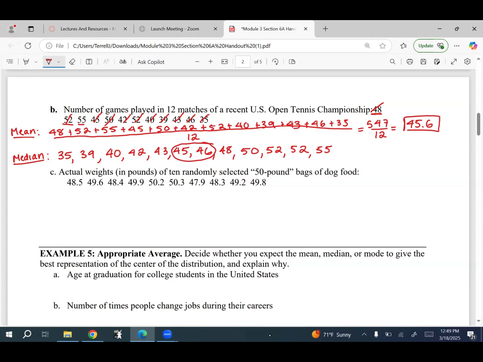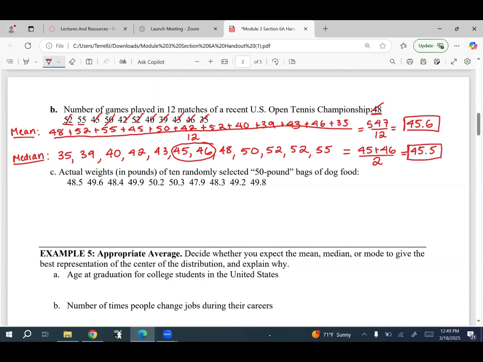And what you do is you take the average of those two numbers, meaning I add those two numbers and divide by the total amount of numbers here, which is 2. And when you do that, you should get 45.5.